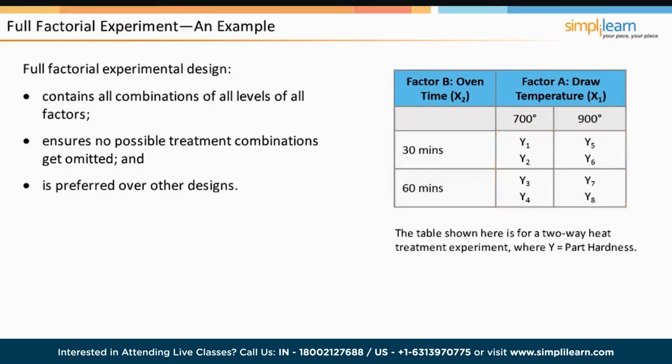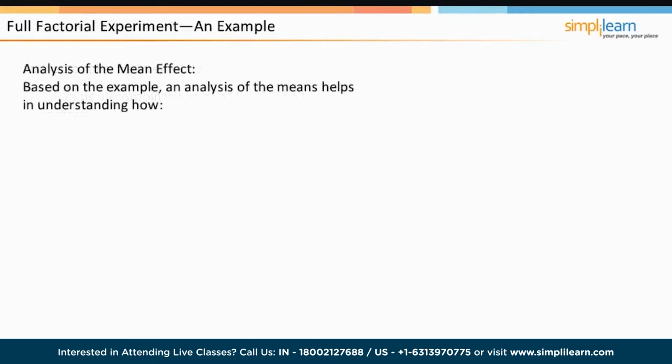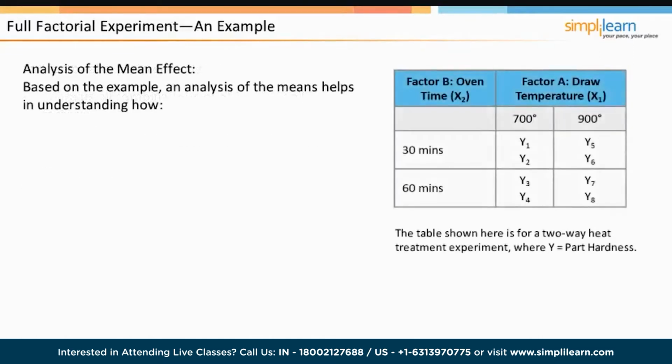This example illustrates the concepts of main factor and interaction effects. From the table, it is clear that without repetition, the experiment will have 4 different outcomes based on the changes in levels of factors. Each experimental trial here is repeated to give a total of 8 values. Let us now analyze the mean effect.